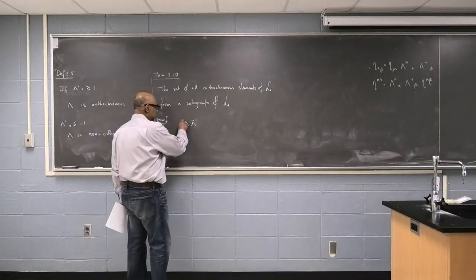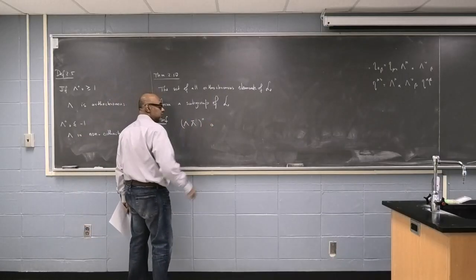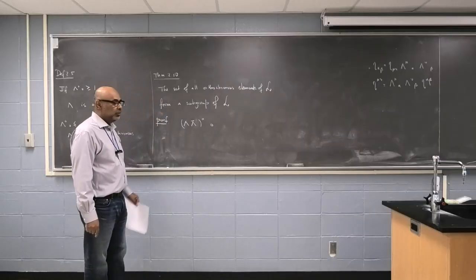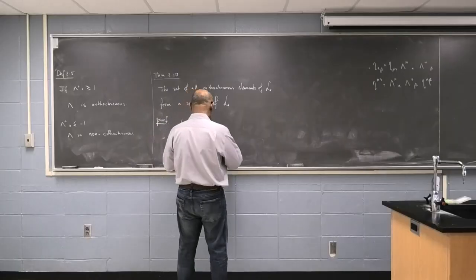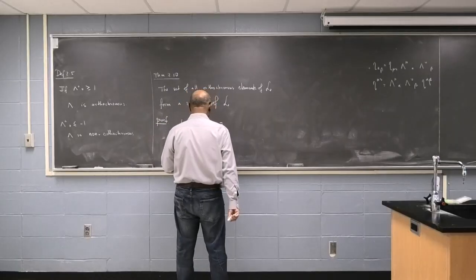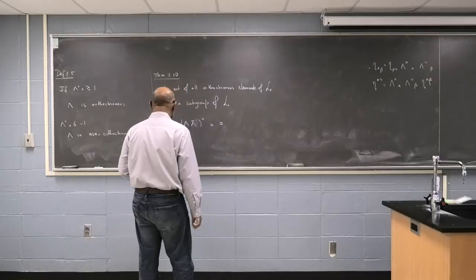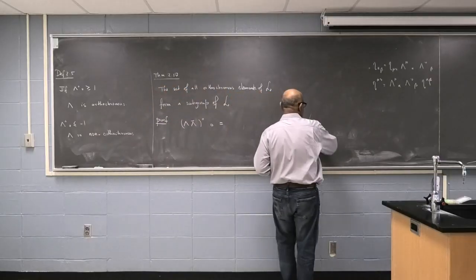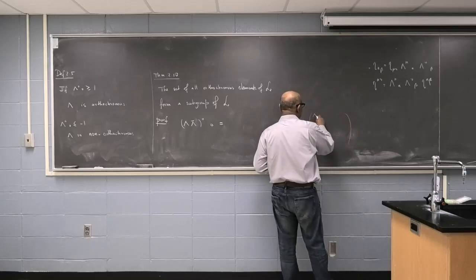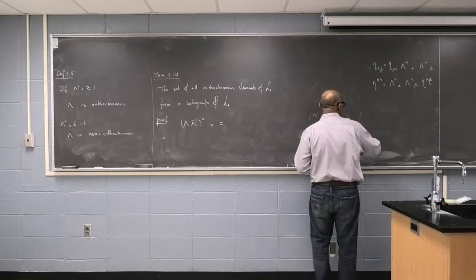Then I'm going to multiply them, and I want to show this is greater than or equal to 1. Well, what is that equal to? Think of it as I have my matrices, and I'm going to multiply them.